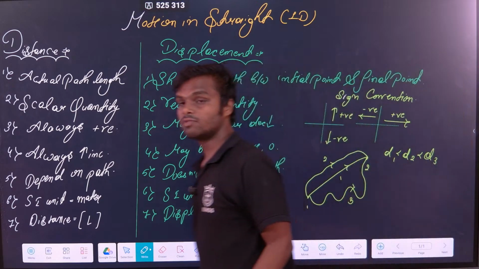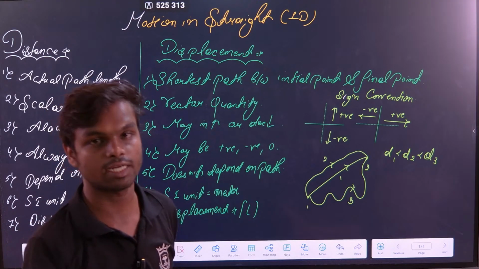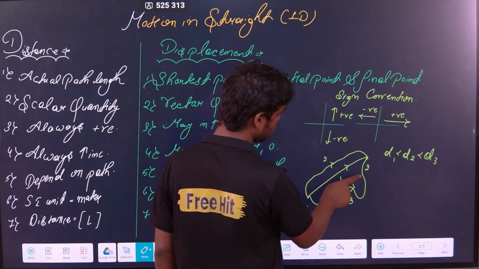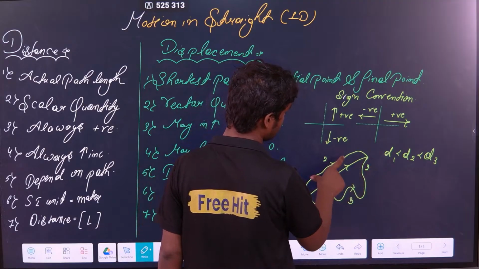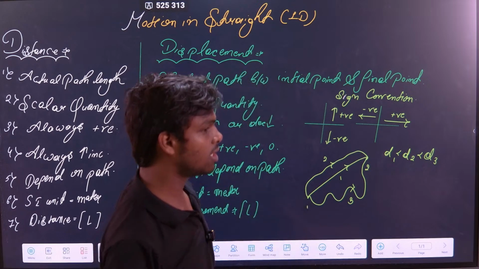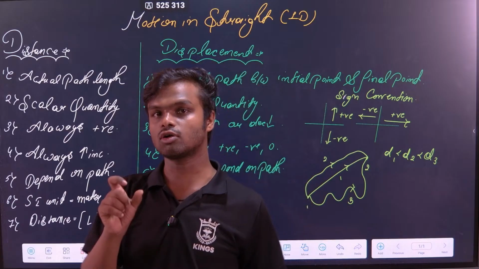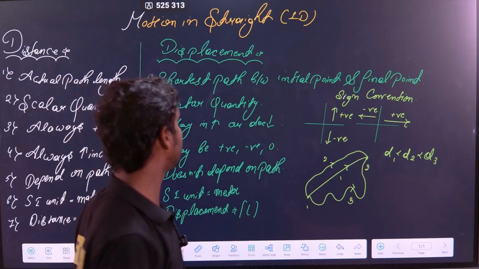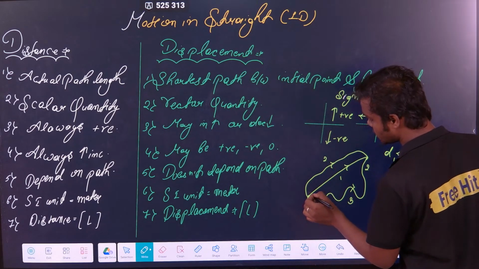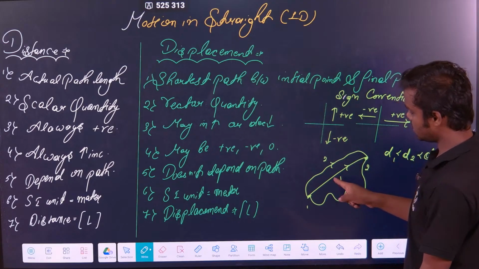When we talk about distance, we are measuring how much path we have covered. So from here to here we have covered more path than here. But displacement means the shortest distance between the initial and final point. The shortest path is this one. This is the shortest path.